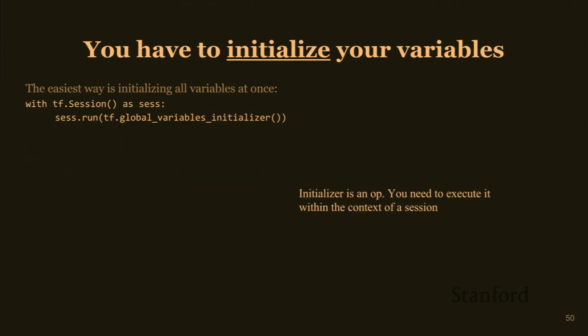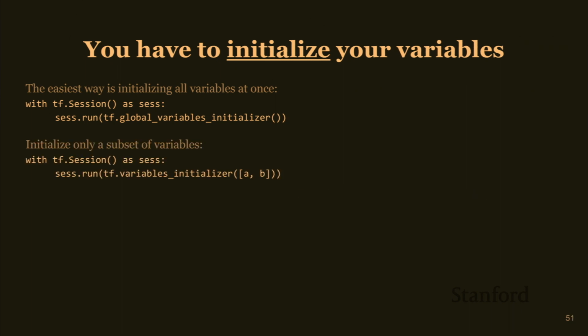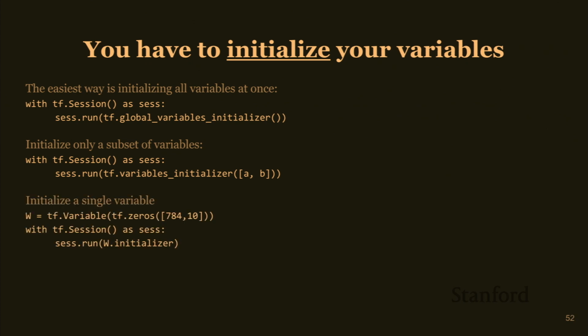The easiest way is to initialize all variables at once by using tf.global_variables_initializer. You can also initialize only a subset of variables, so you can say, I want to initialize only A and B. Or you can initialize only a single variable. But I almost never use the last two. I only use the global variables initializer to make it easier.